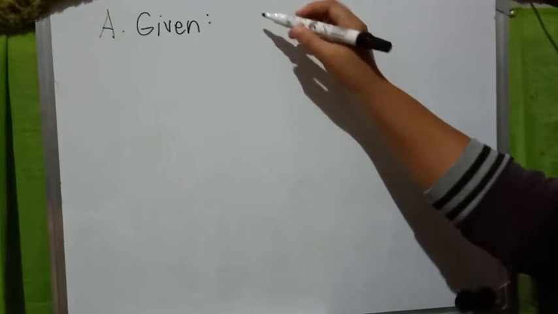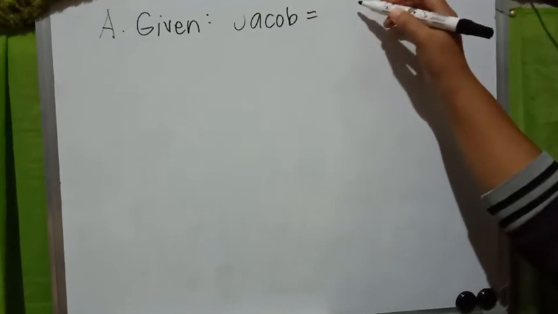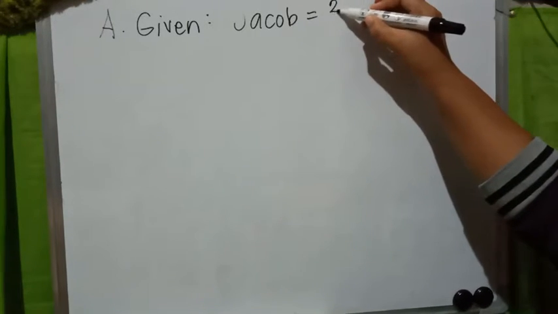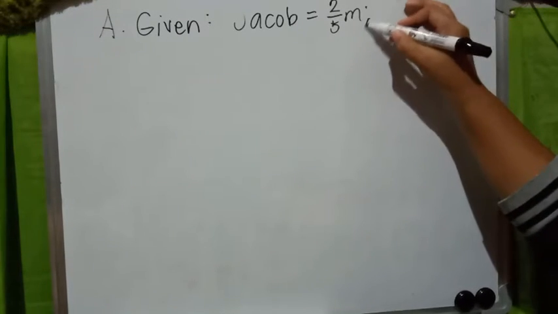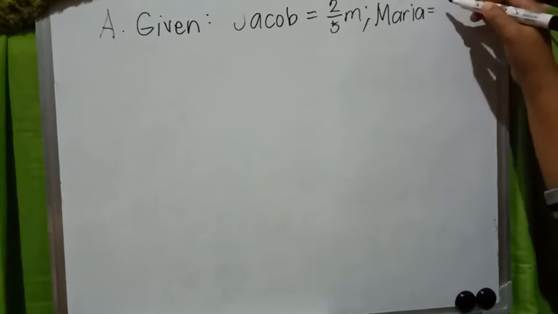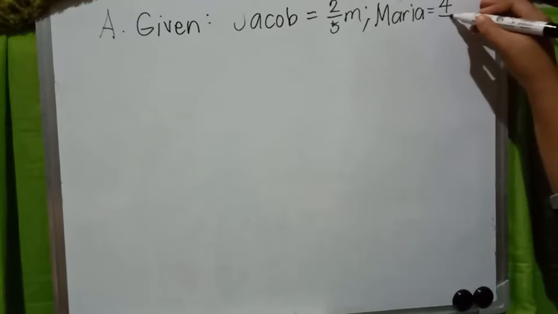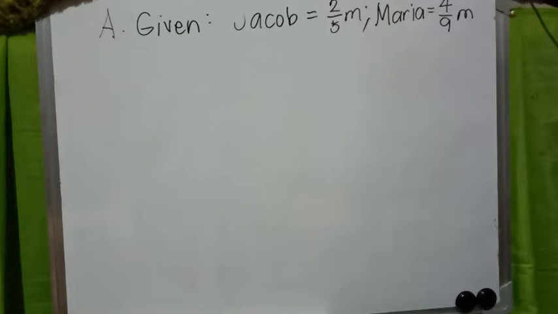So letter A, after reading the word problem about Jacob and Maria, we need to find out what are the given numbers. Jacob has 2/5 meter of rope, while Maria has 4/9 meter of rope. So what is the keyword there?